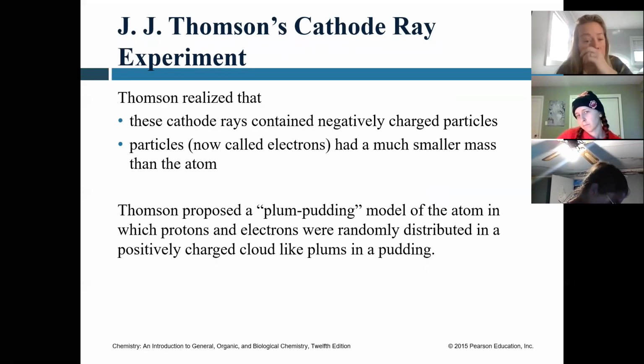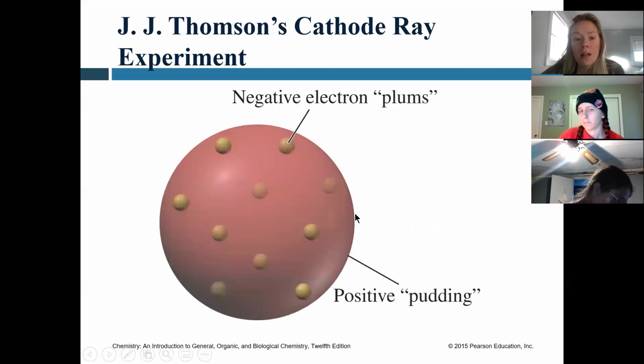This guy, J.J. Thomson, had a cathode ray experiment. What he found was that when he ran atoms next to it, these negatively charged particles would come off of it. And he discovered that they were, in fact, electrons. They had a much smaller mass than the atoms themselves. So he was seeing, okay, these things don't hold a lot of mass, but there's definitely a charge. So he proposed the plum pudding model.